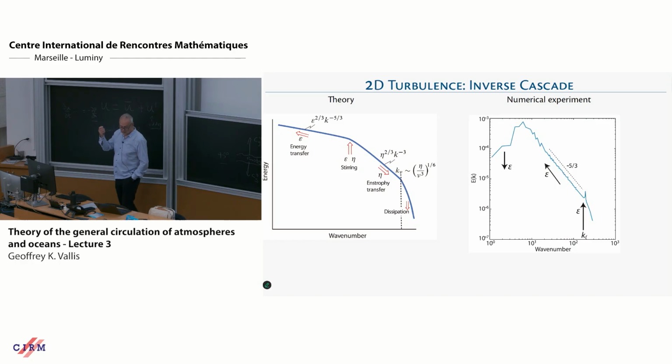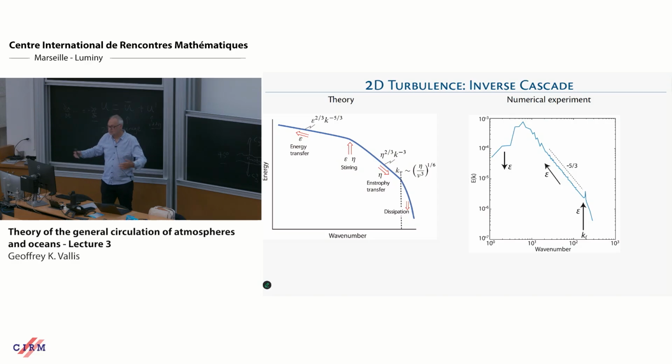If you study turbulence, being fluid dynamicists, you'll know that there's an energy cascade from the scale at which we are forcing it to some other scale. In three-dimensional turbulence, because there's a vortex stretching term, it's cascaded to small scales.